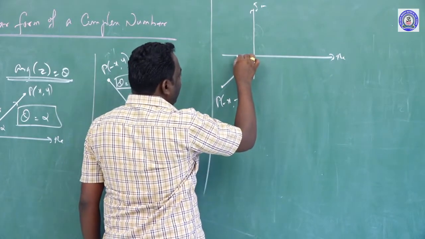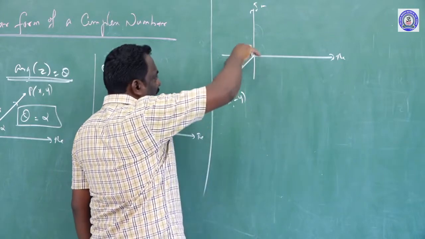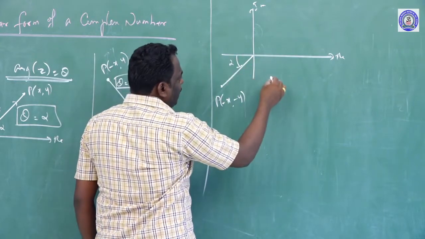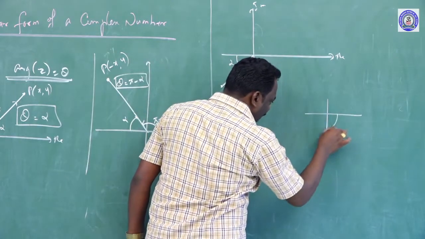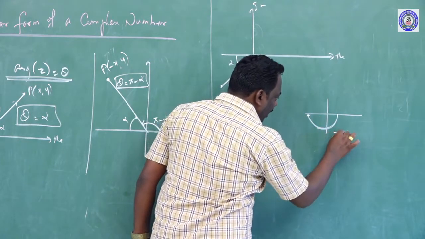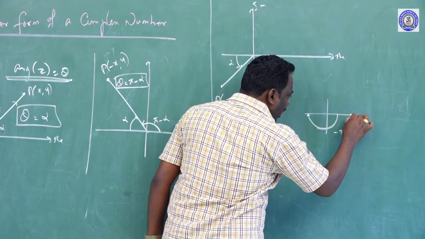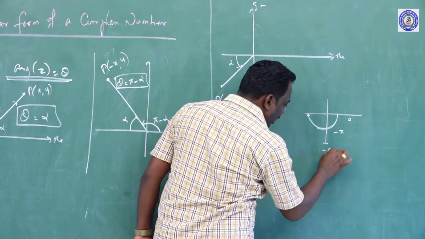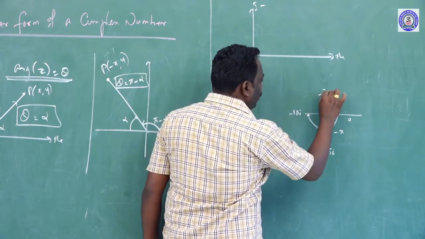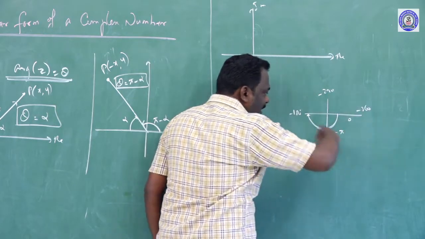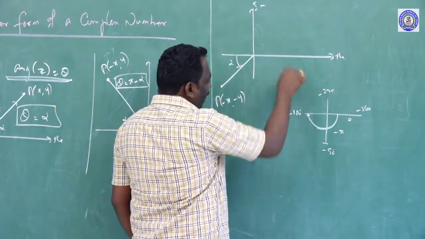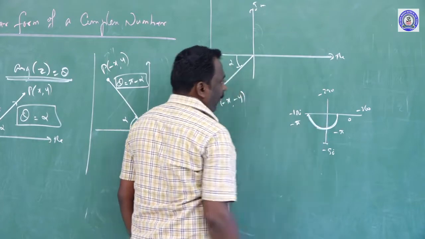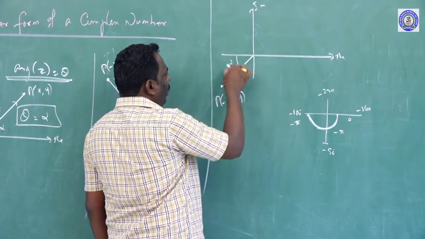The angle is measured from the positive direction alpha, but here it goes from here to minus pi, because the angle is in the clockwise direction, starting from the 0 angle: minus 90 degrees, minus 180 degrees, minus 270 degrees, and minus 360 degrees. Therefore, going clockwise from 0 and reaching 180 is called minus pi. So the total angle is from 0 to minus pi.